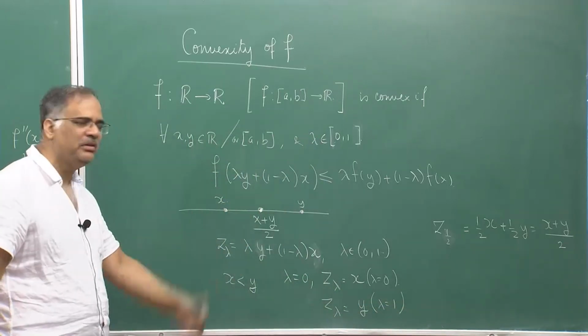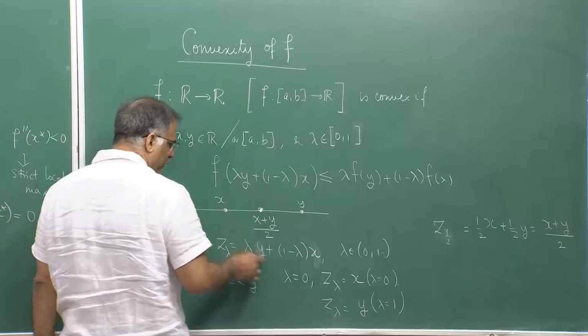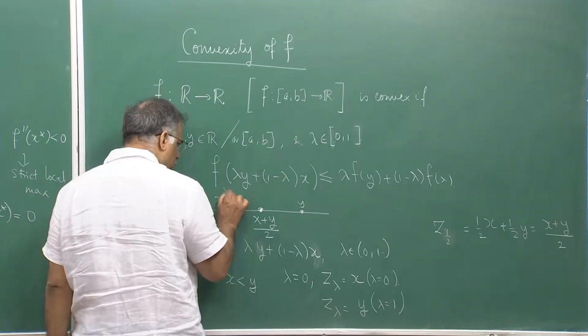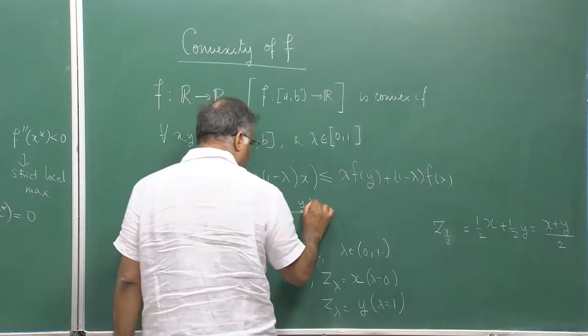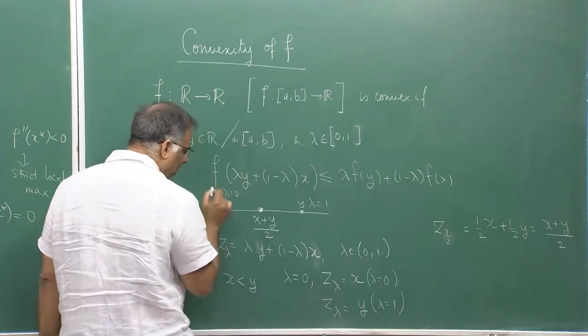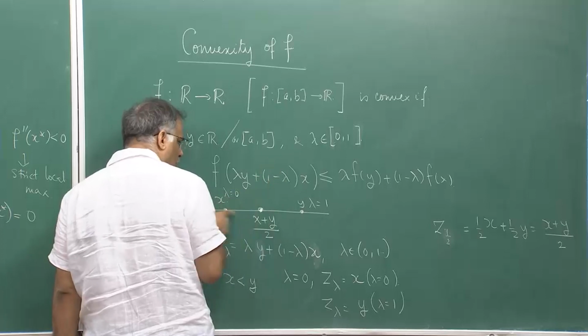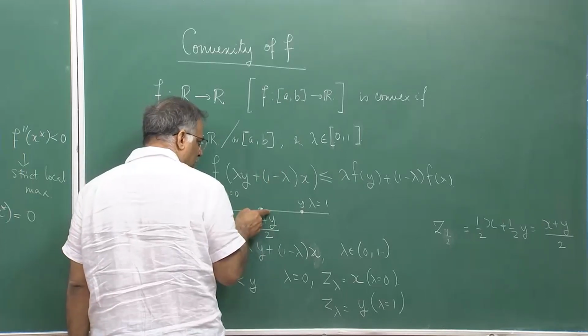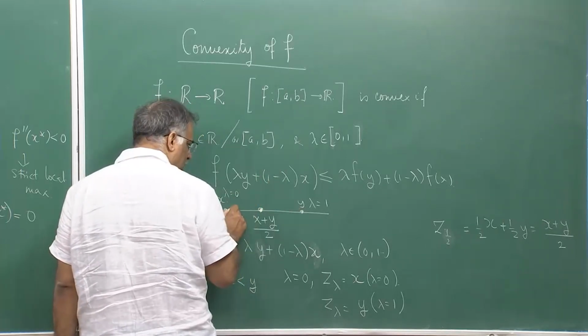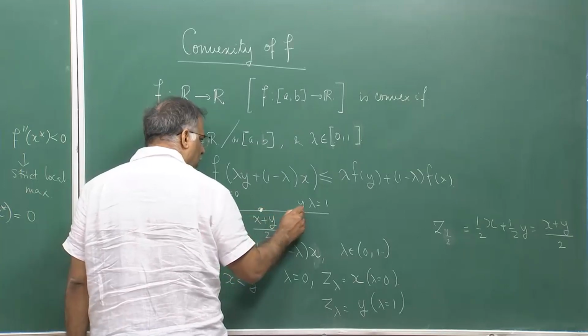So, you can immediately see from intuition that x corresponds to the point lambda equal to 0 and y corresponds to the point lambda equal to 1. If I move lambda from 0 to 1, the z lambda points are all the points lying between x and y.